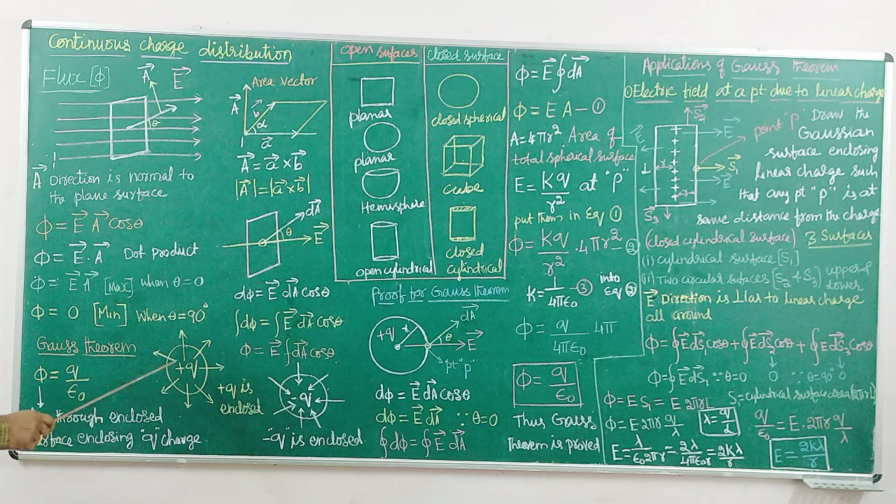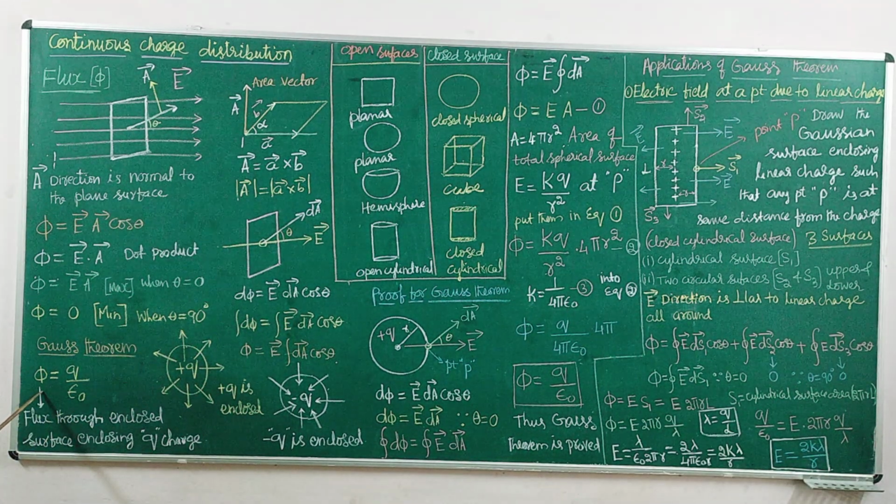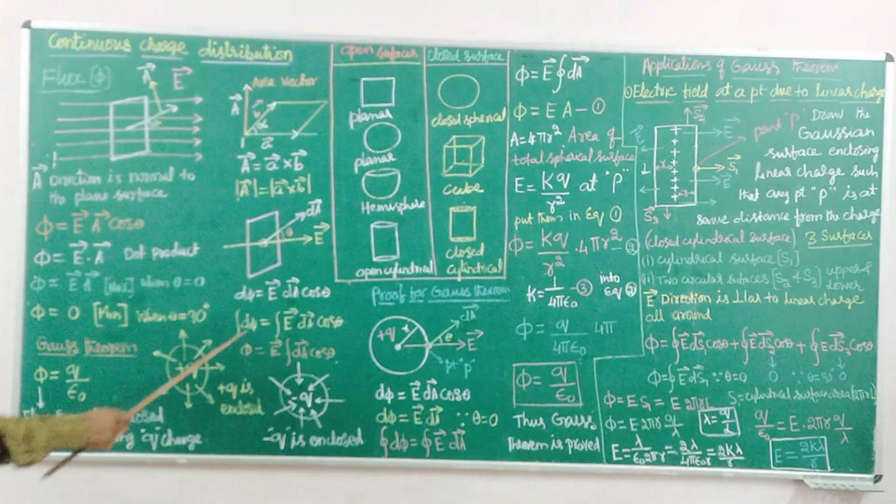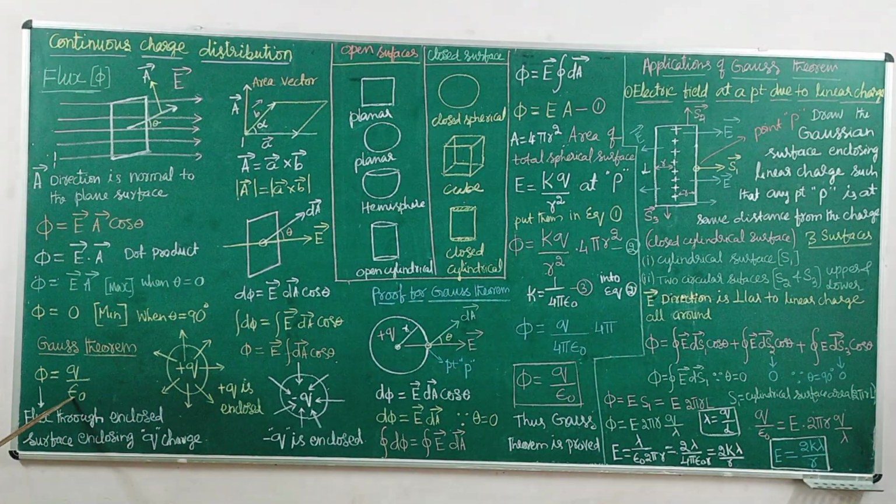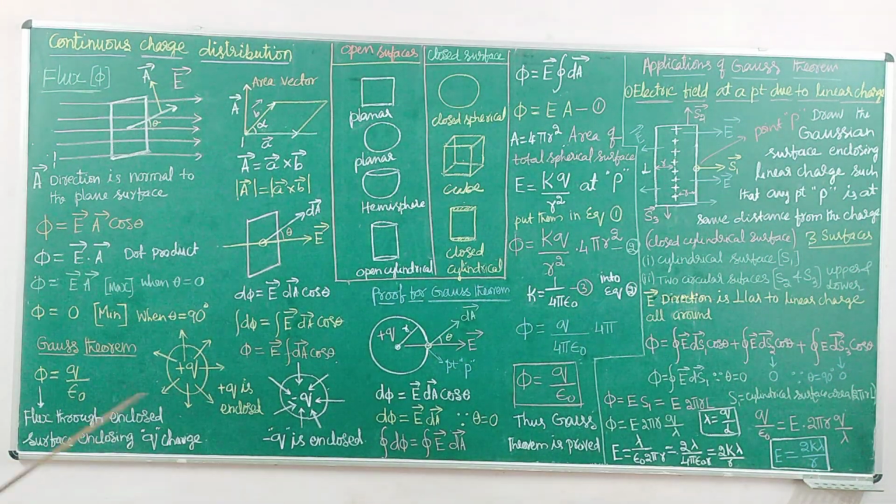So when I talk about the electric flux due to this, it is always equal to Q divided by epsilon naught. What is Q? The amount of electric charge enclosed in that enclosed surface, divided by epsilon naught. What is epsilon naught? It is the permittivity of free space.